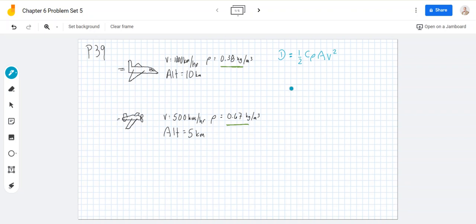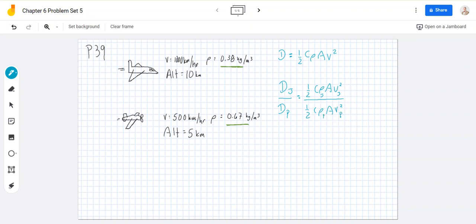Okay, drag for the jet divided by drag for the prop. 1/2 c rho a v squared. So this is for the jet, and this is for the jet, and we're going to divide that by 1/2 c rho a v squared, and this for the prop, and this for the prop.